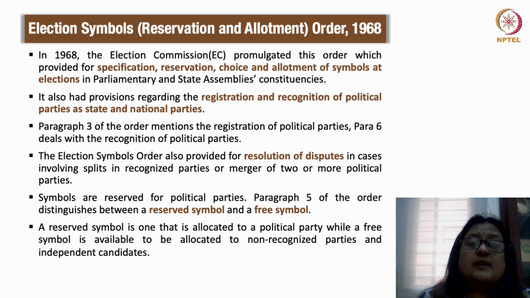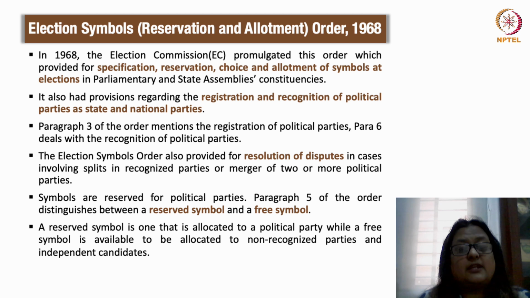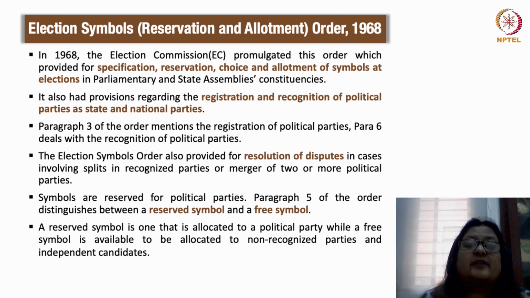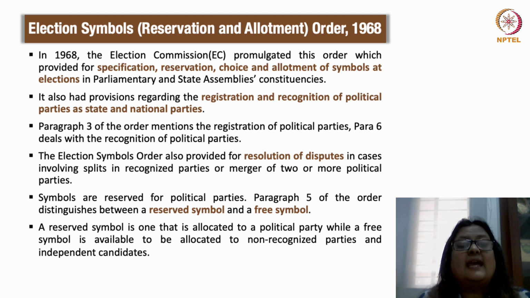For example, if a larger party wants to become several state parties, or smaller parties merged to become a larger party, so as to have a recognition by the Election Commission. Now, any party to stand for election must have recognition by the Election Commission through a symbol, and the Election Symbols Order talks about the same.